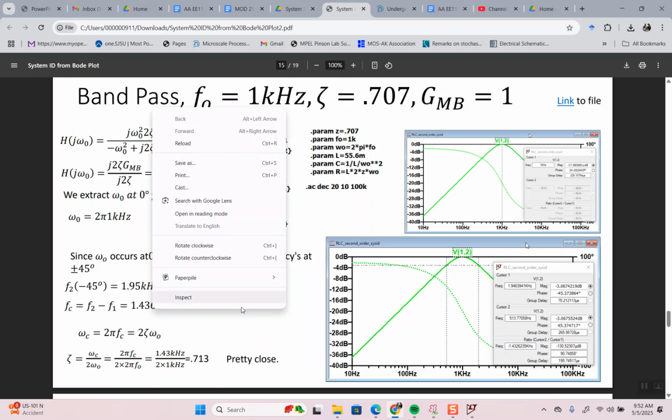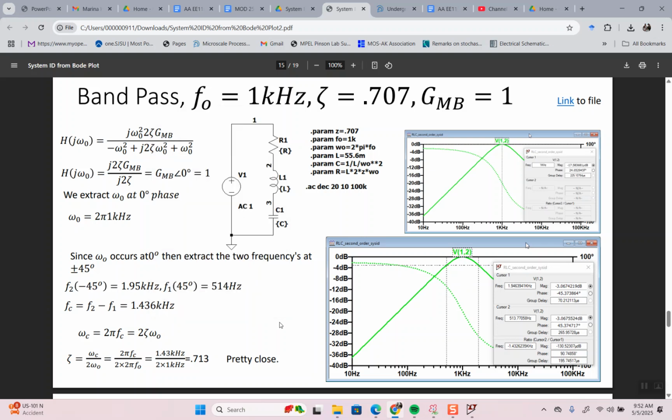But it's not cutoff, it's just FC. And then that gives you the damping coefficient. So you have omega C divided by 2 omega naught, and then you get 0.713, which would have been the Butterworth condition, right? Because the damping coefficient is 0.707.